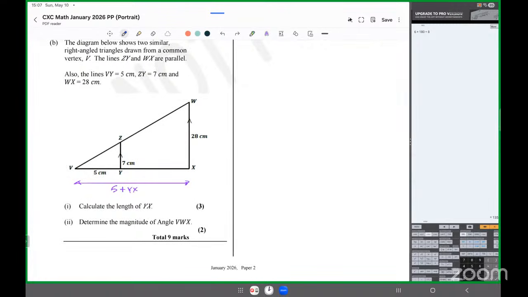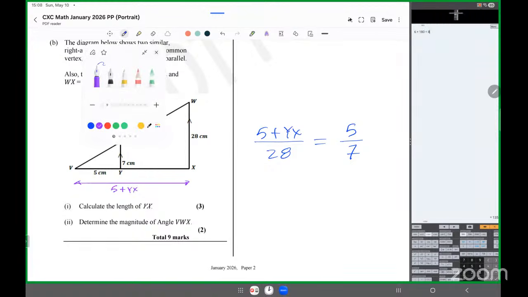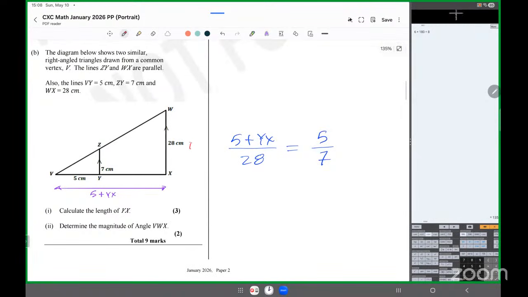So I'm going to use 5 plus YX, that's the base on the big one, over the height of the big one, which is 28, equal to base over height on the small one. The base on the small one is 5, and the height on the small one is 7. Understand that? So we're using base over height as a ratio.